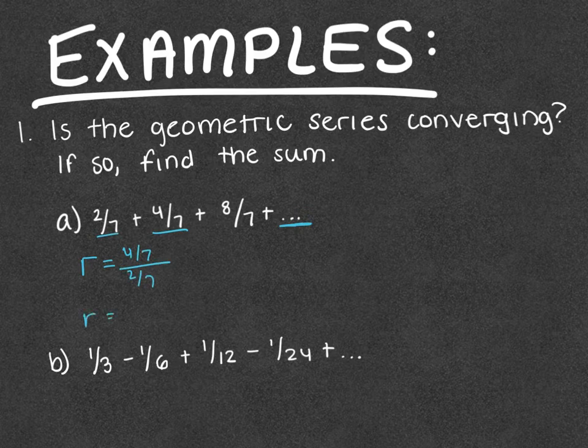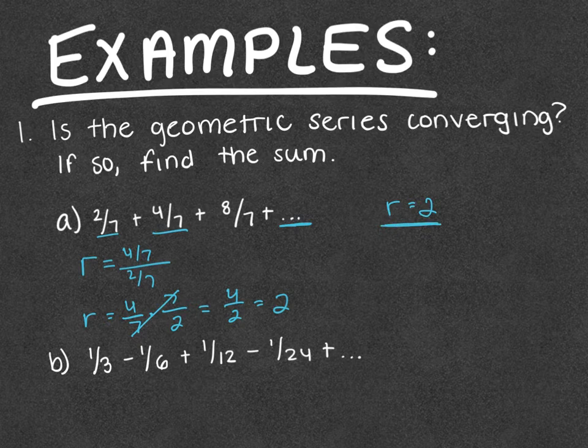So I would have r equals 4 over 7 times the reciprocal 7 over 2. So we get 4 over 2, which is just 2. So because r equals 2, this means that it is a diverging series. It goes on forever, so we cannot find the sum. So this is divergent, and we can't find the sum.